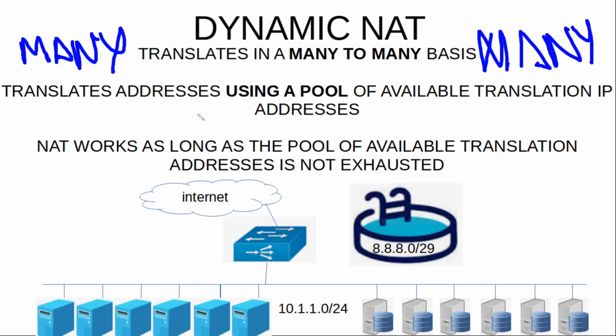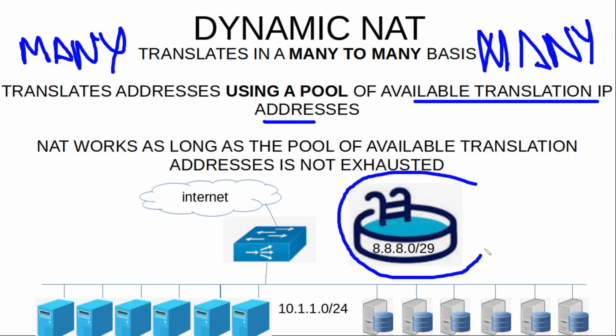In this case, you will need a pool of available translation IP addresses, so you can go and contract from your ISP a set of public IP addresses, and you are going to use them to NAT a set of servers.